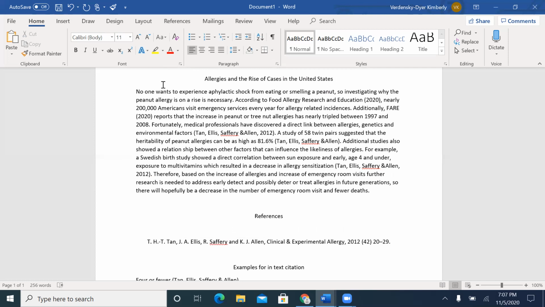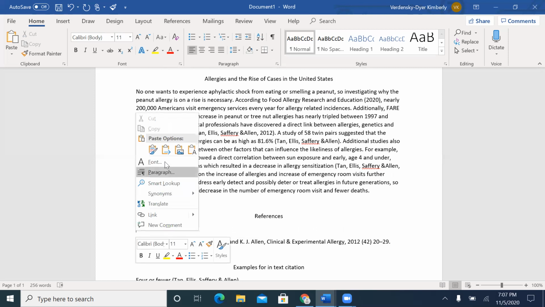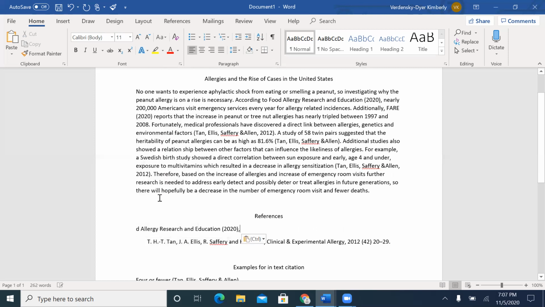So I've copied and pasted the name of the organization and I can go ahead and complete my citation now. So F comes before T, so it's the first one listed.